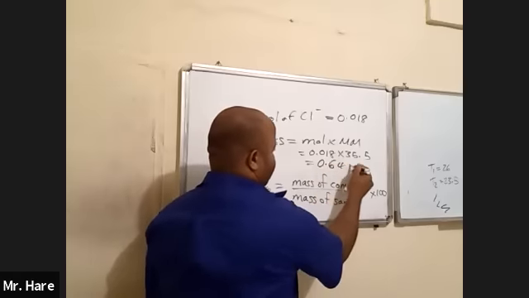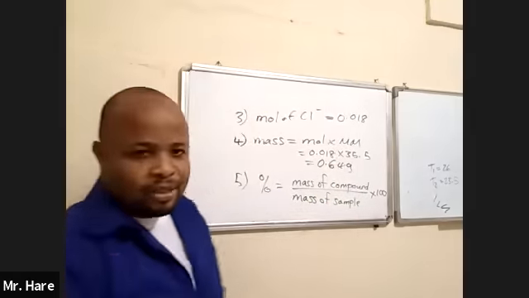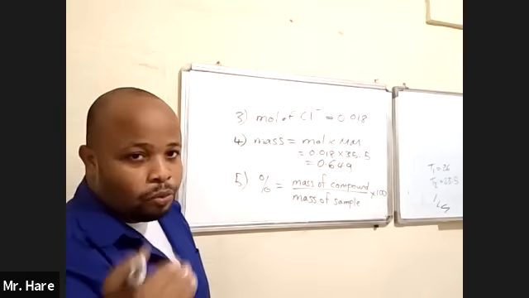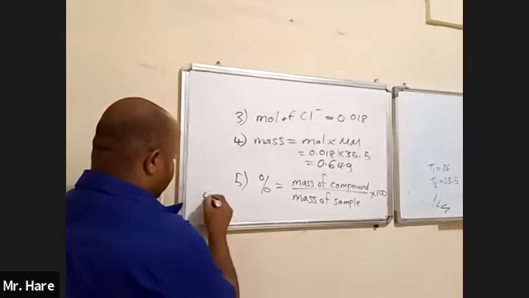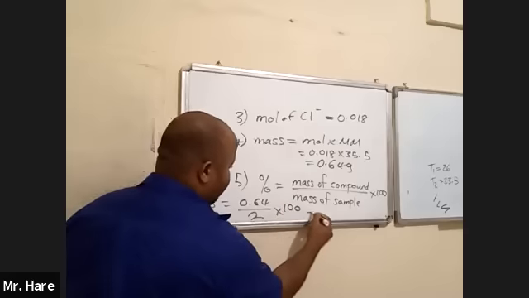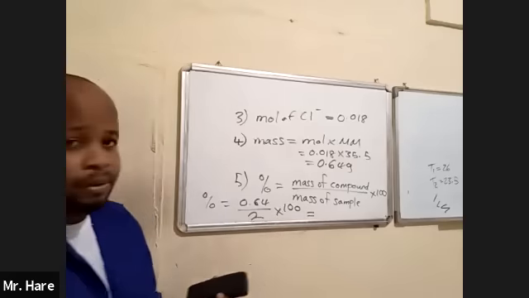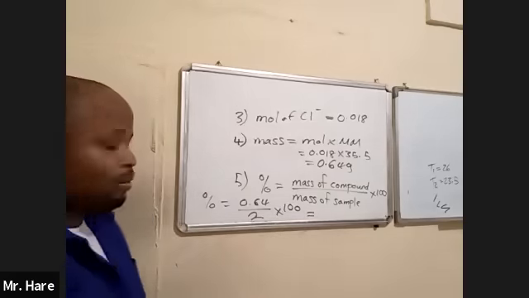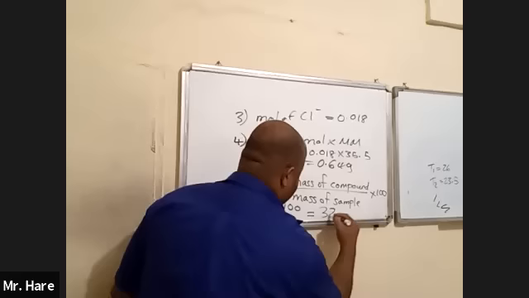All right. So let us say the mass of this sample was 2 grams. So percentage is equal to 0.64 divided by 2 times 100. What's your answer? 32, sir. All right, so we'll get 32%.